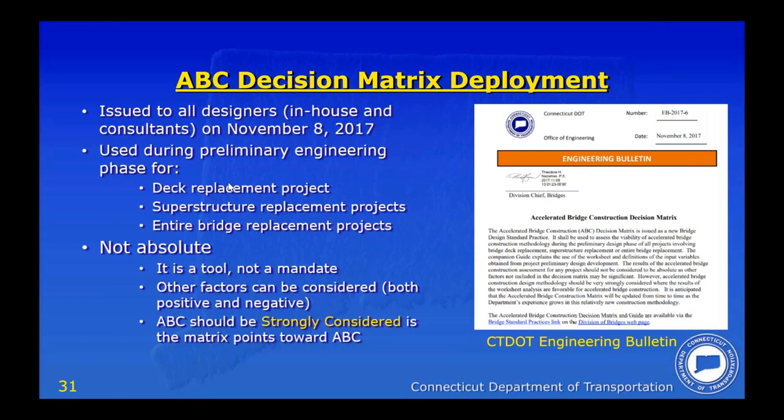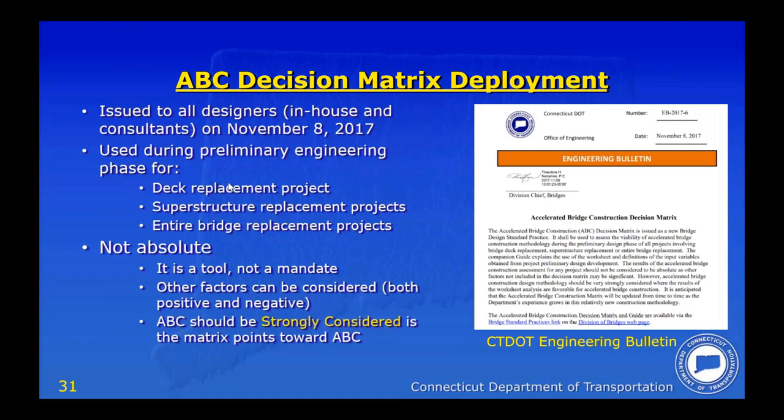At that time, he was a District 3 construction engineer, and he had actually coordinated our Q Bridge New Haven Corridor program, so very well versed in this area. So it was a fairly small team.